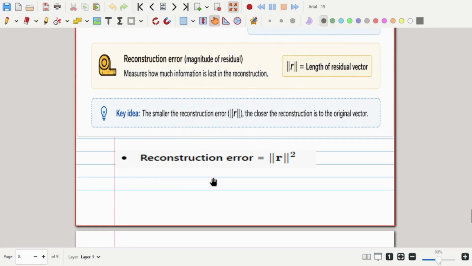In machine learning, we calculate the reconstruction error as norm of vector R square. That means we are squaring the length of the residual vector. Let me repeat it once again. Reconstruction error means square the length of the residual vector.